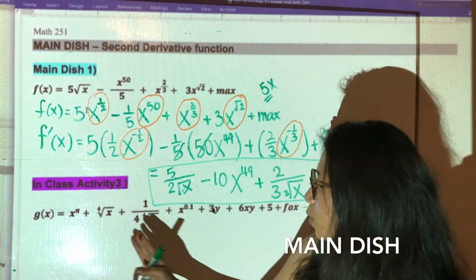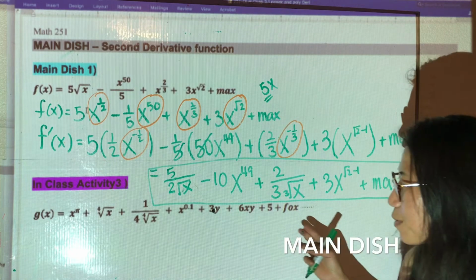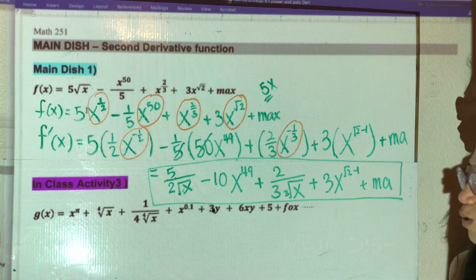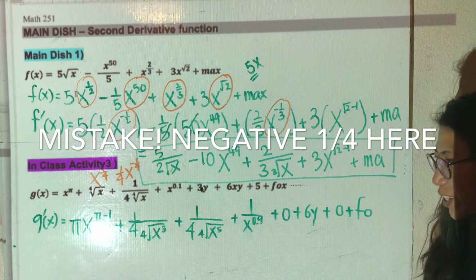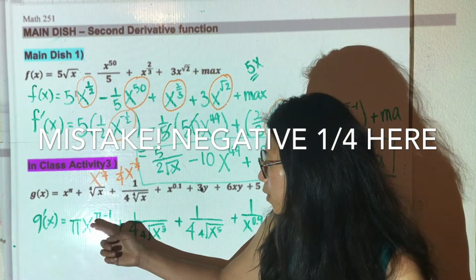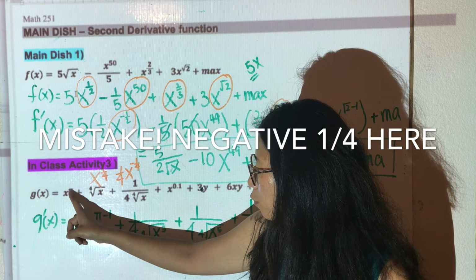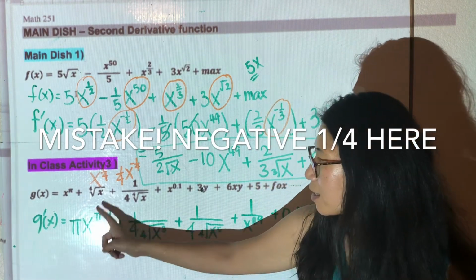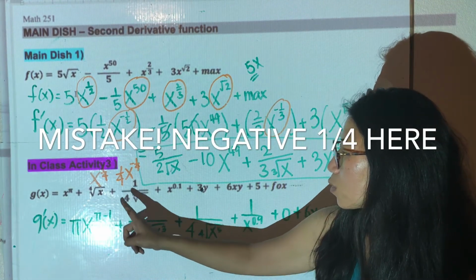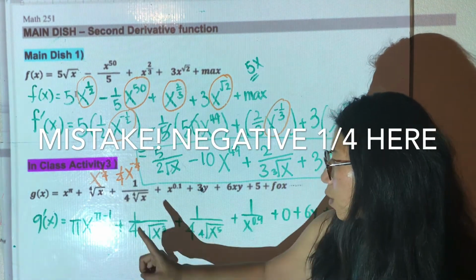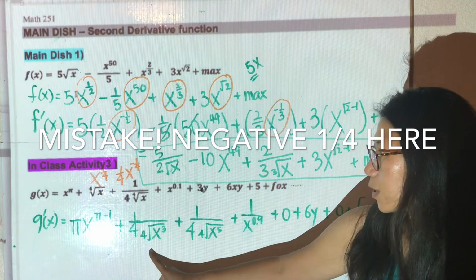So now I want you to do the in-class activities carefully and then compare the answers with me. Do you see my answer? And I hope that it went smoothly. So when you see the first one, I subtract 1 from pi. So that's what I got. Next one, I changed to a power function, and then took the negative 1 and rewrote it as a denominator.